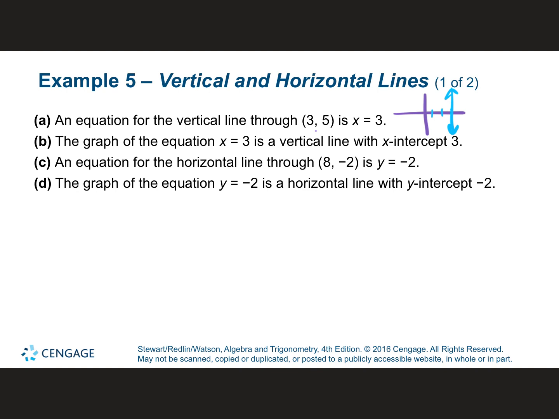B is talking about the same thing. For an equation where x is equal to 3, again, you'd go to where x is 3 and put a line there. For C and D, again, they're talking about the same thing. The graph where y is equal to -2, we'd go to where y is -2 and put a horizontal line there.